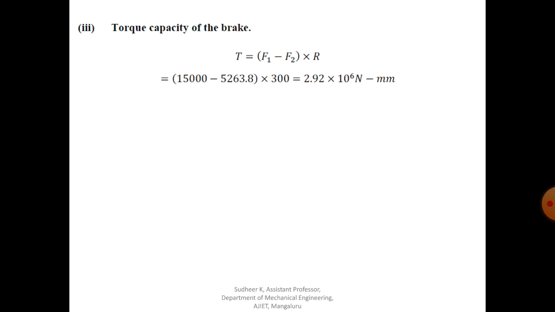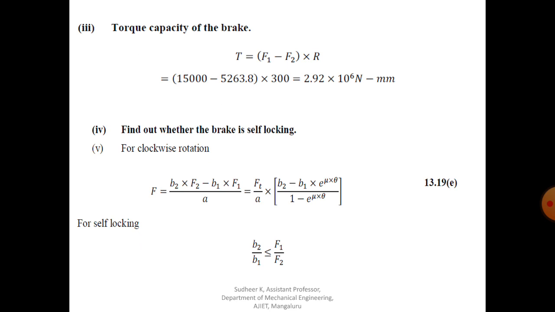So next question, we need to find out whether the brake is self-locking or not. For clockwise rotation, you have to use the anti-clockwise or counter-clockwise equation from your data handbook, because the direction of force applied is different. For that reason, you have to use this equation, that is 13.19e.